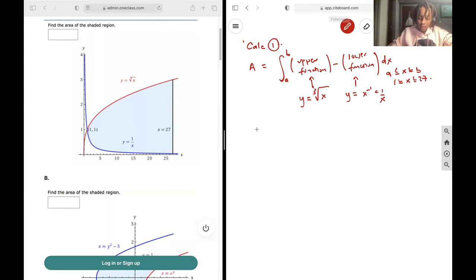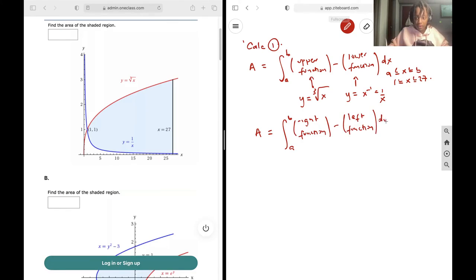The second way is by taking the integral from a to b of the right function minus the left function over dy. If, let's use different variables for our bounds, between c and d, if y is bounded by c and d.